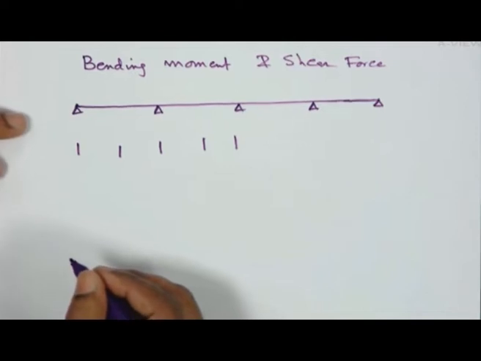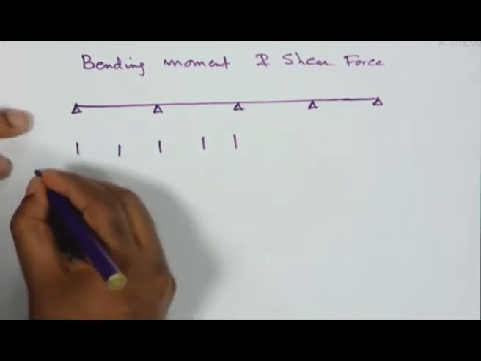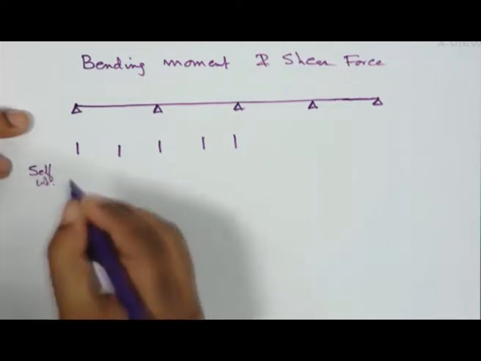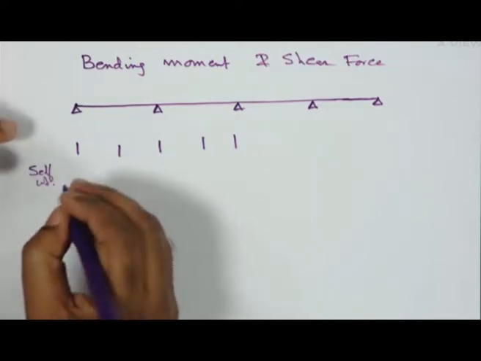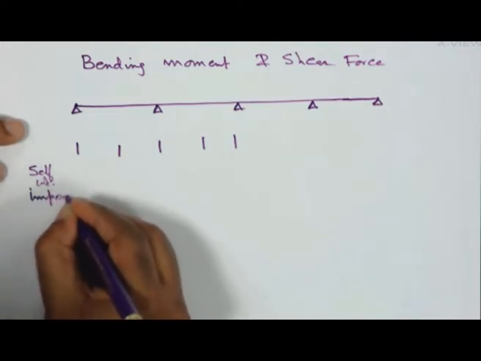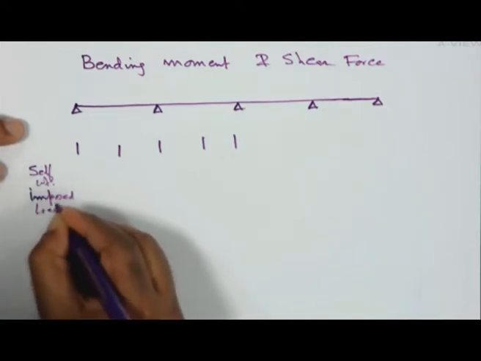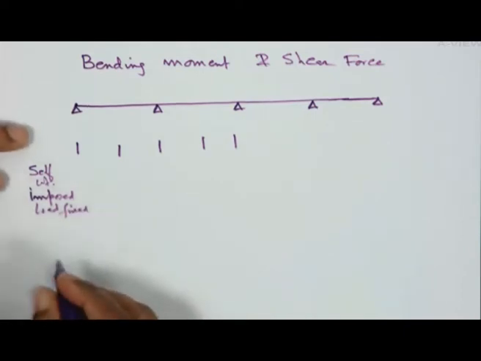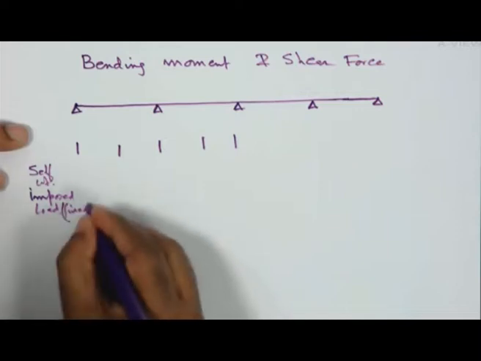So now the thing is that we are having self weight, and also we have imposed load fixed. Another one is we have imposed load not fixed.